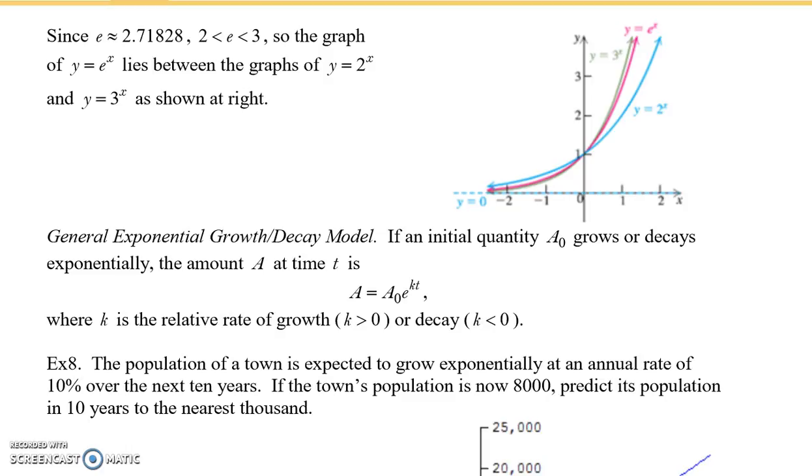If an initial quantity A0 grows or decays exponentially, the amount A at time t is A equals A0 e to the kt, where k is the relative rate of growth if k is positive, or decay if k is negative. So k is a growth or decay constant. You'll have growth if k is a positive constant, and exponential decay if k is negative.